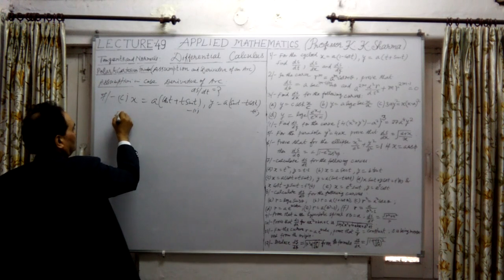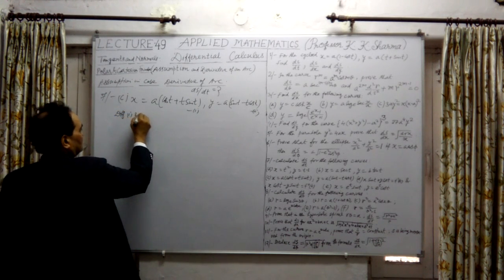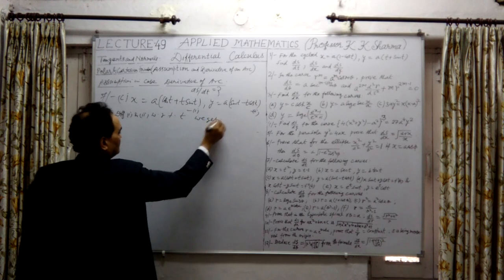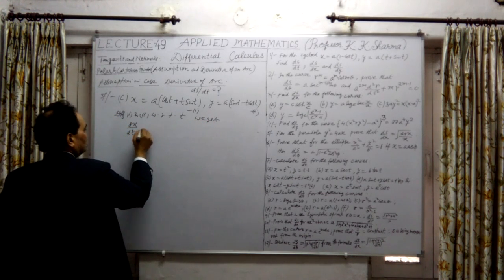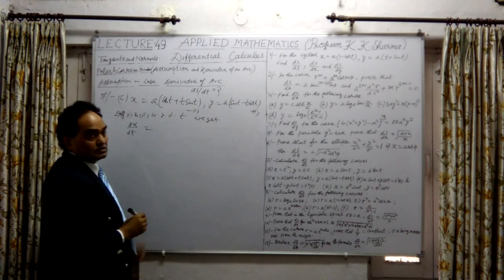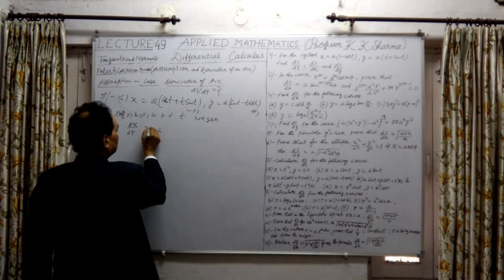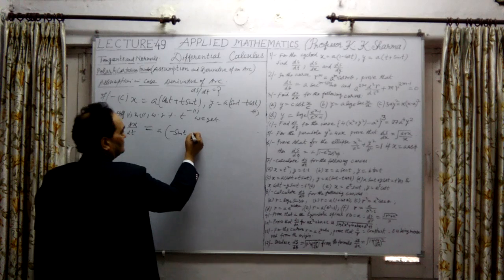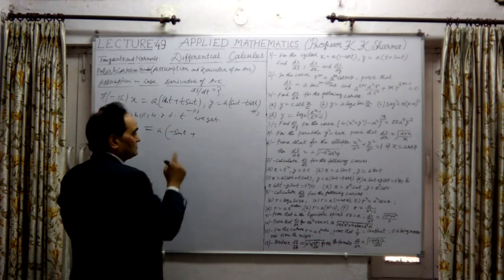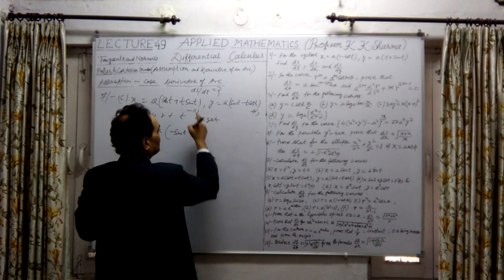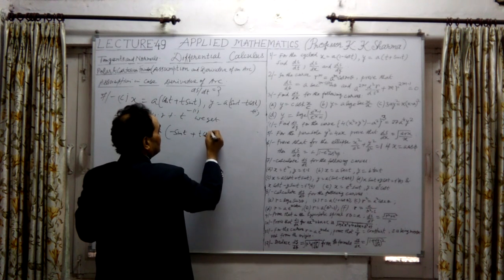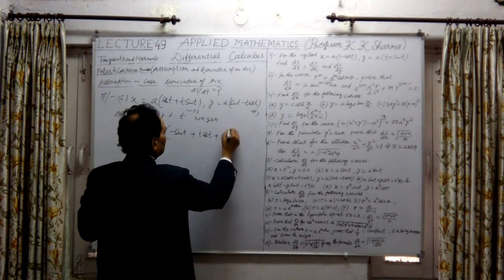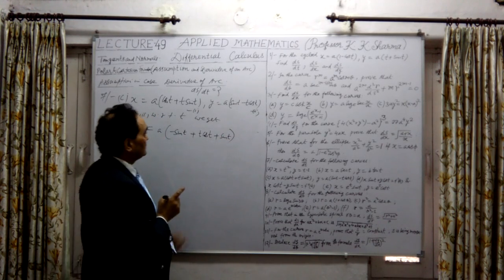Differentiating them with respect to t, we get dx upon dt equal to a times: cos t differentiates to minus sin t, plus t sin t by product rule. t as it is, sin t differentiation is cos t, plus t differentiated as 1, sin t as it is.